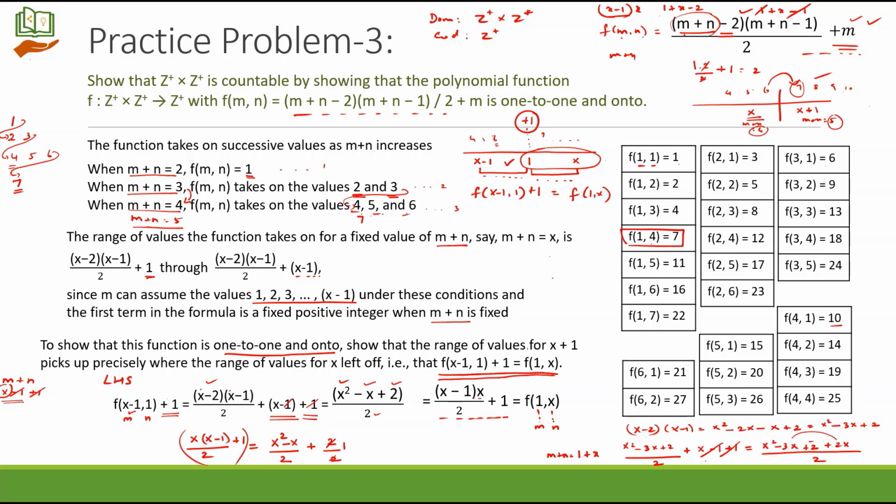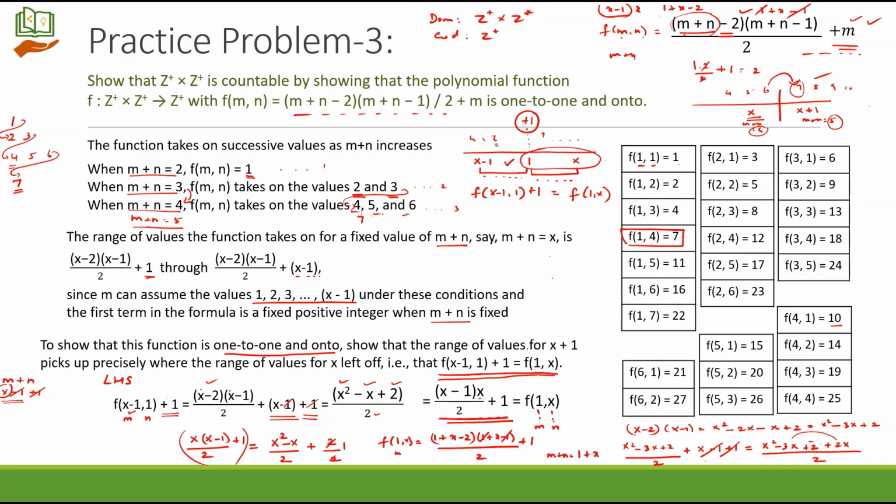So which form are we getting? When we expand f of (1, x), we will ultimately get this form. f of (1, x) is equal to (m plus n minus 2) into (m plus n minus 1) divided by 2 plus m. Here m is 1. 1 and minus 1 will get cancelled.